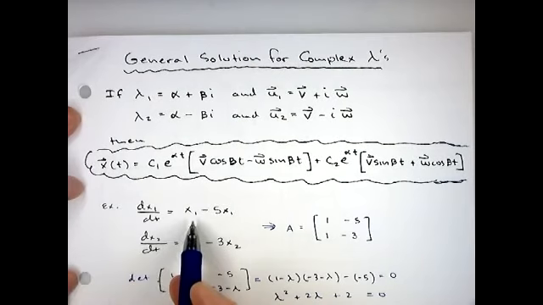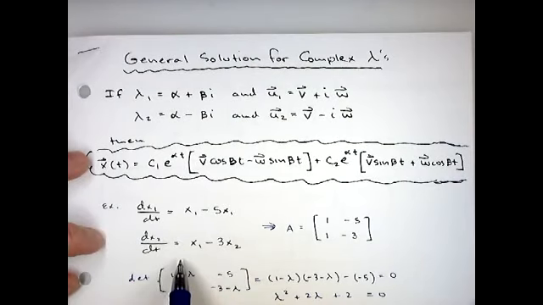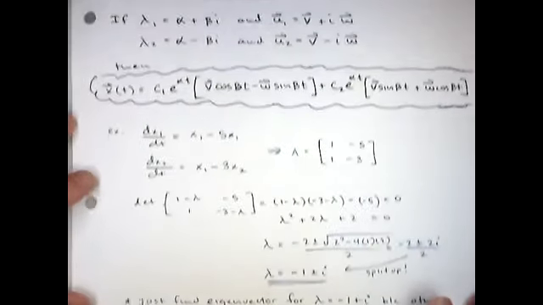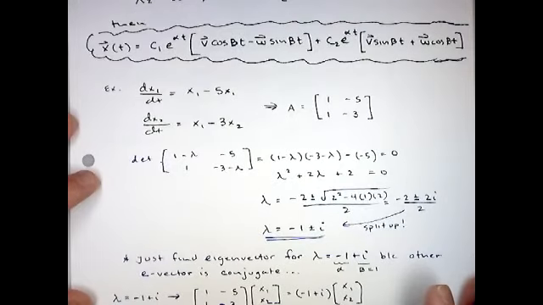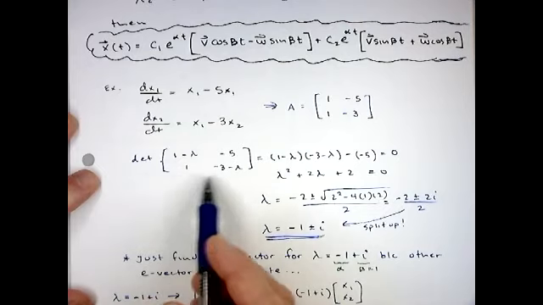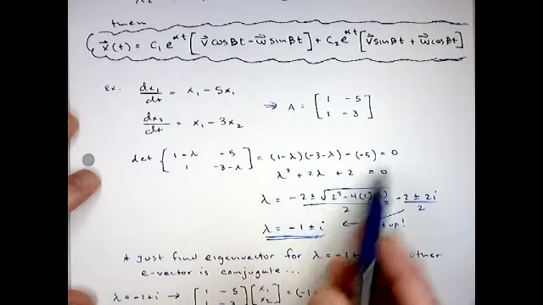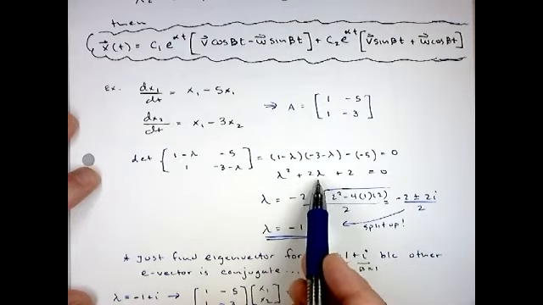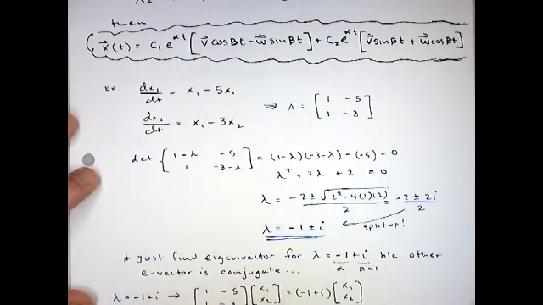Here's my system. The matrix associated with that would be 1, -5, 1, -3. I'm going to find my eigenvalues. The determinant of A minus lambda I set equal to 0 gives me the quadratic lambda squared plus 2 lambda plus 2 equals 0.